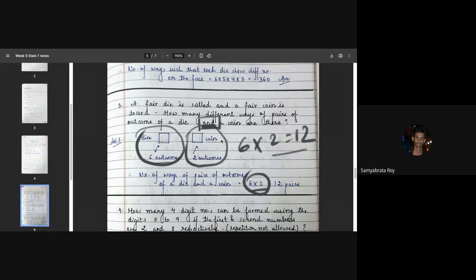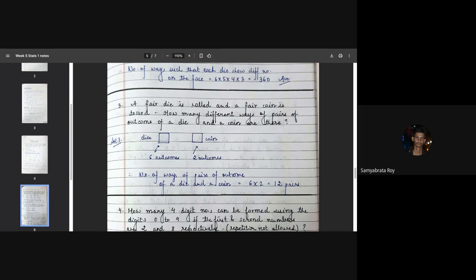If you think of it from an ordered pair perspective, then also you will be able to visualize it. Suppose the die is generating this sample space, and the coin is generating this one.